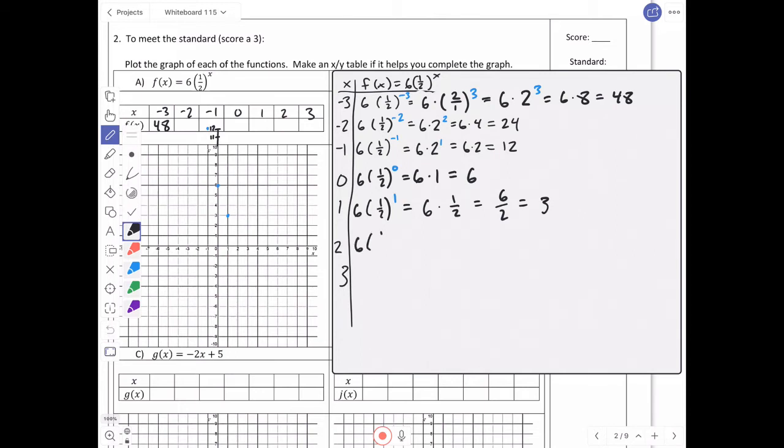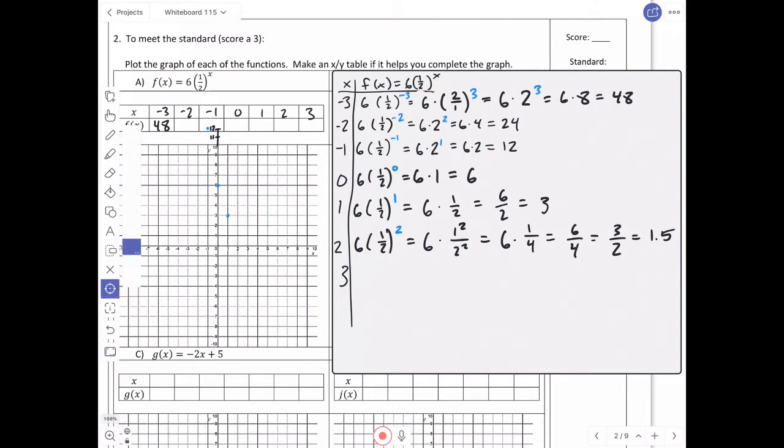And 6 times 1/2 to the second power is 6 times 1 squared over 2 squared, which is 6 times 1/4, which is 6 over 4, or when reduced, 3 over 2, or 1.5. So when I plug in 2, I get 1.5.